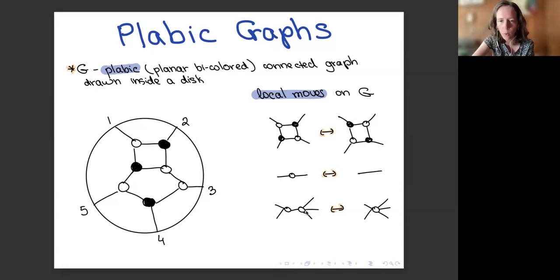Again, these are drawn both white, but they could as well have been both black. The important thing is that they're both of the same color. Regardless of what comes afterwards, spikes, you can contract this monochromatic edge and you just get a single white vertex with the same connections. So these are the three local moves we will be talking about.